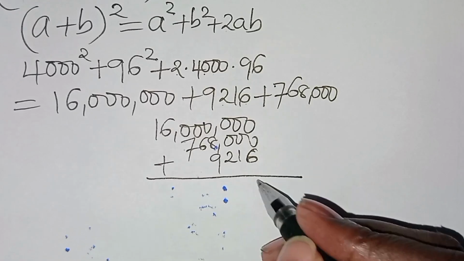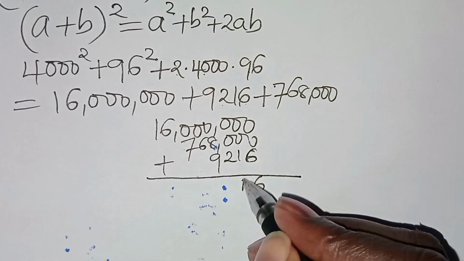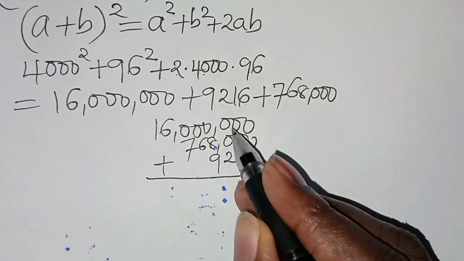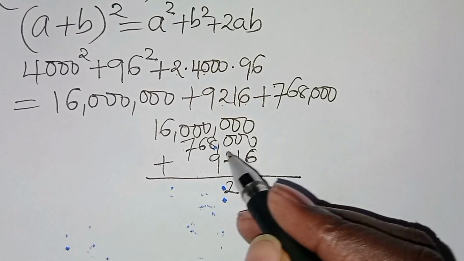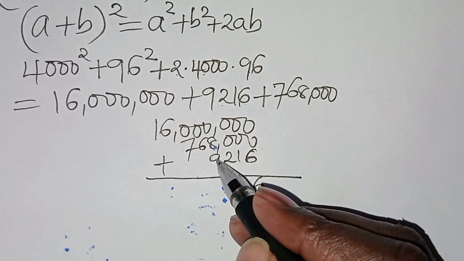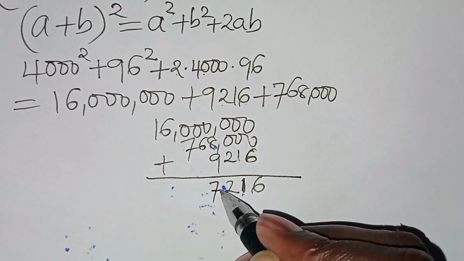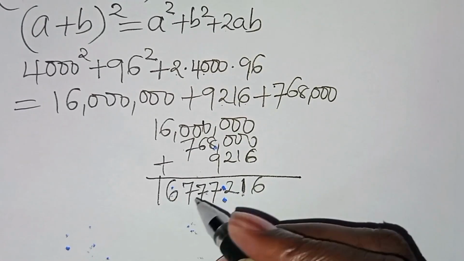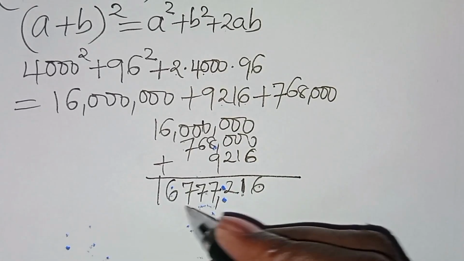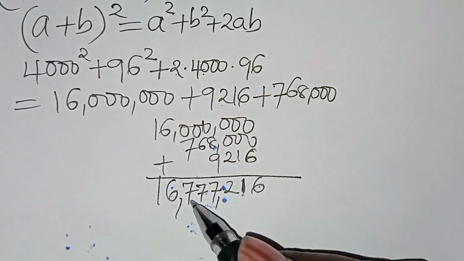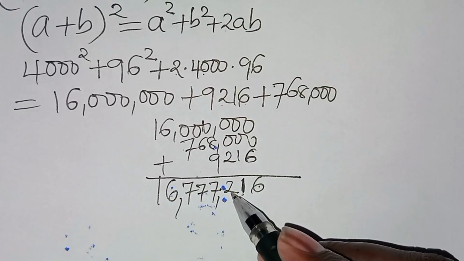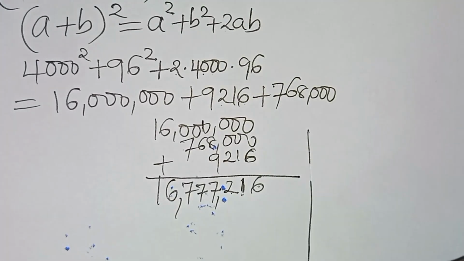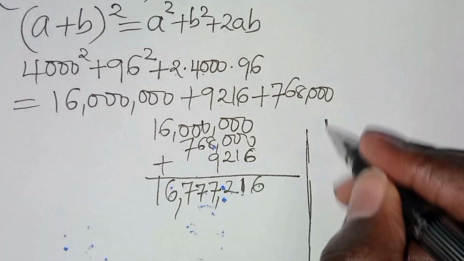So this is 6. We'll have here 1. Then here this is 2. Then we have 9 plus 8, this is 17. Carrying 1. So this is 7. Drop this 7 and then 16. So we have 16,777,212.